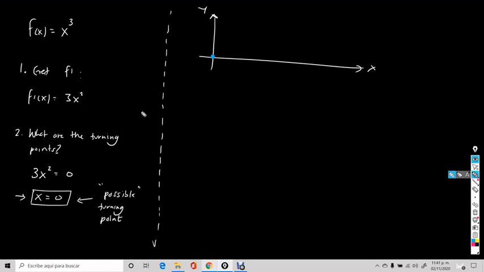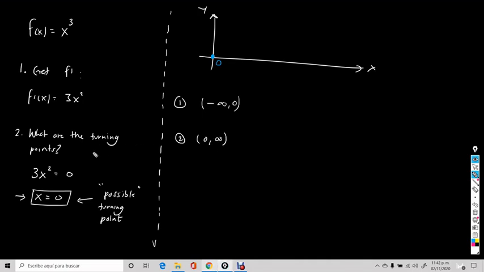One more time. My possible turning point, which is 0, divides the x-axis into two intervals. Number 1 from minus infinity to 0, and the second interval from 0 to plus infinity.